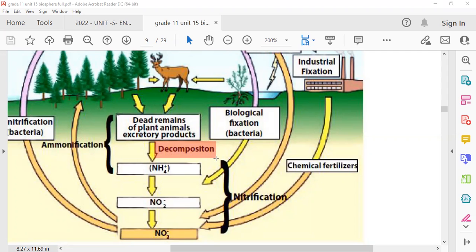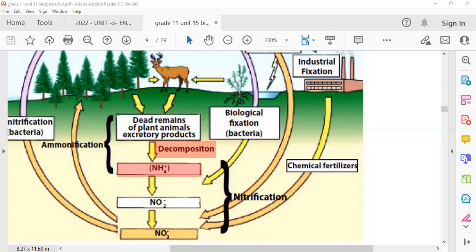This decomposition gives you NH4 plus ions. So, soil can receive NH4 plus ions by two methods. One method: dead plant and animal remains and excretory products subjected to decomposition can form NH4 plus ions.